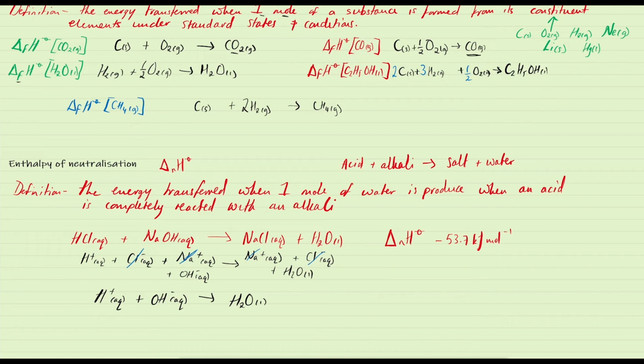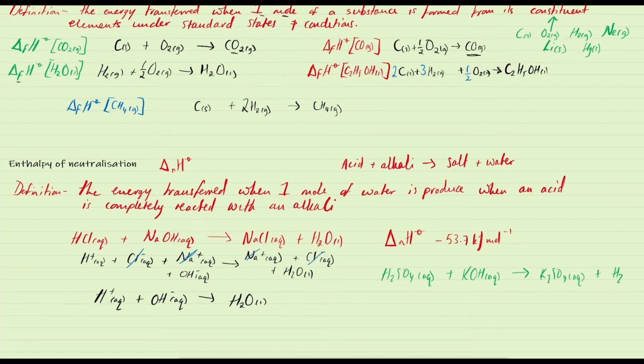Now, if we're looking at acids and alkalis, which is why we have to look at alkalis because that's the one that produces water, we will find that any reaction I have, so if I change this reaction up here, I will just do this in green. Another example, you go H2SO4 aqueous. I'll change the alkali to potassium hydroxide. That will give me K2SO4, which is potassium sulfate salt, plus water.